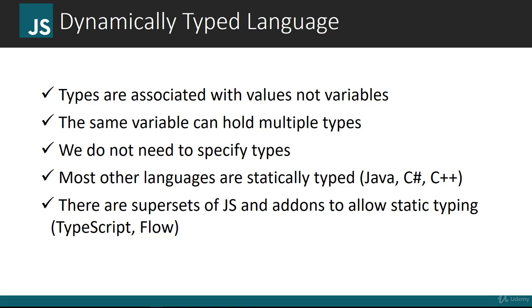In fact, in many languages you actually have to define what type of value is going to be in that variable. So you would have to write something like variable, something, string, or int, or float, or whatever type would be allowed in that variable. Okay, this is much different than how JavaScript works.